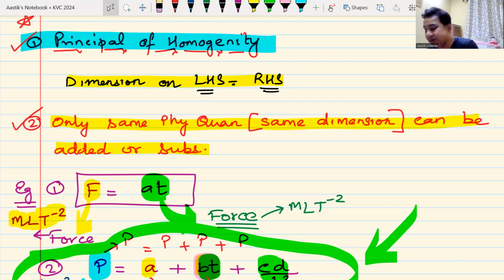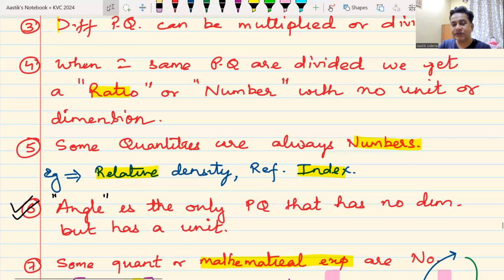Point number 1, principle of homogeneity, LHS is equal to RHS. Point number 2, only same quantities can be added or subtracted. We have seen a lot of examples on this. Point number 3, different physical quantities can be multiplied or divided. Point number 4, when two same quantities are divided, we get a ratio.